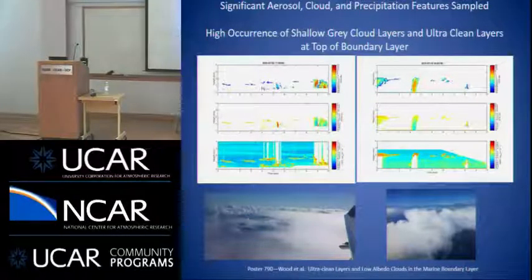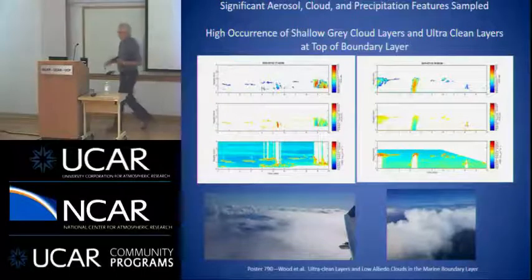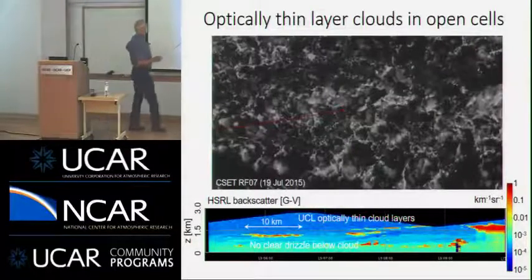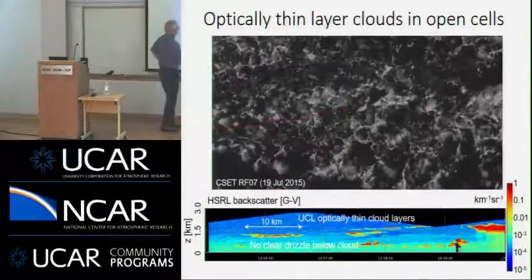Here's some more of those clouds in the background. So Rob has been working on this. Here's one of his slides that he's put together, and this shows the kind of features we're looking at.